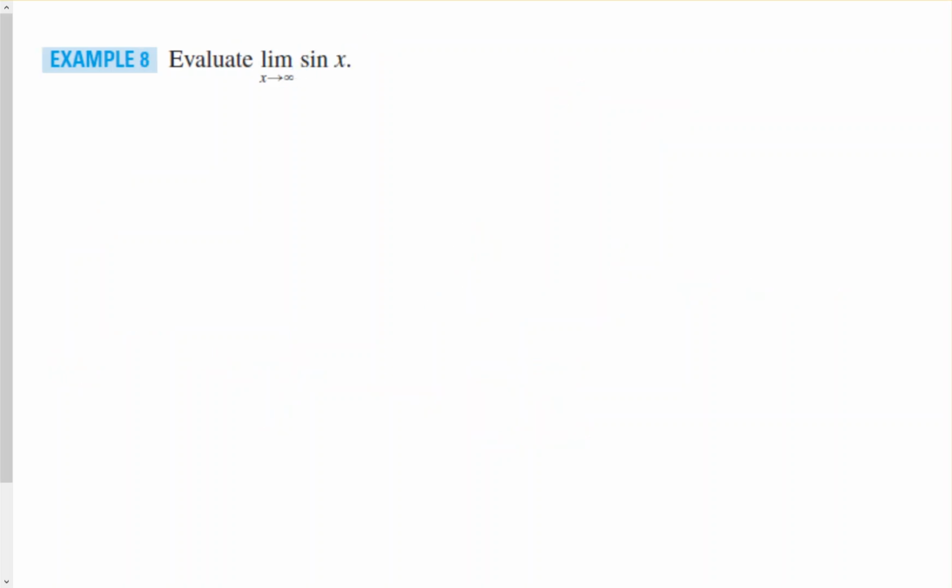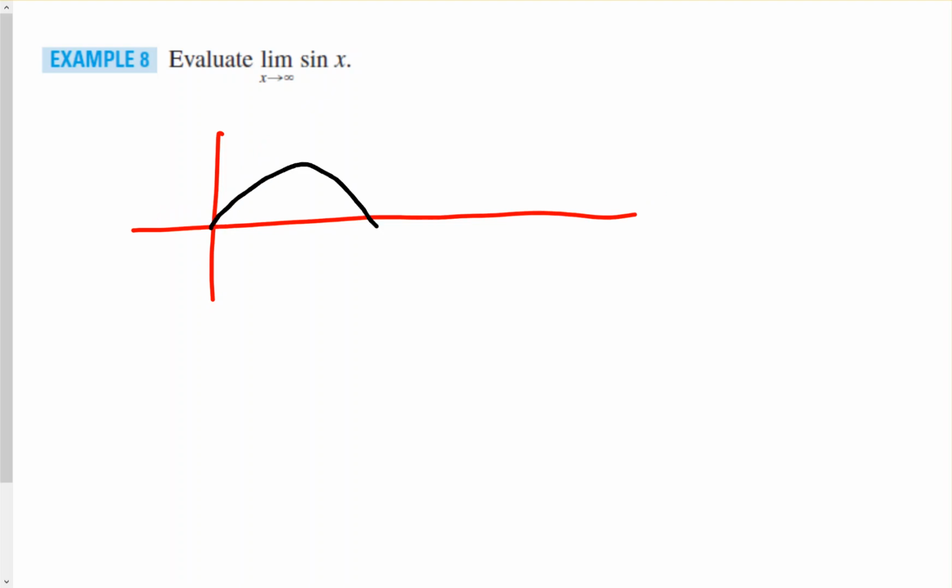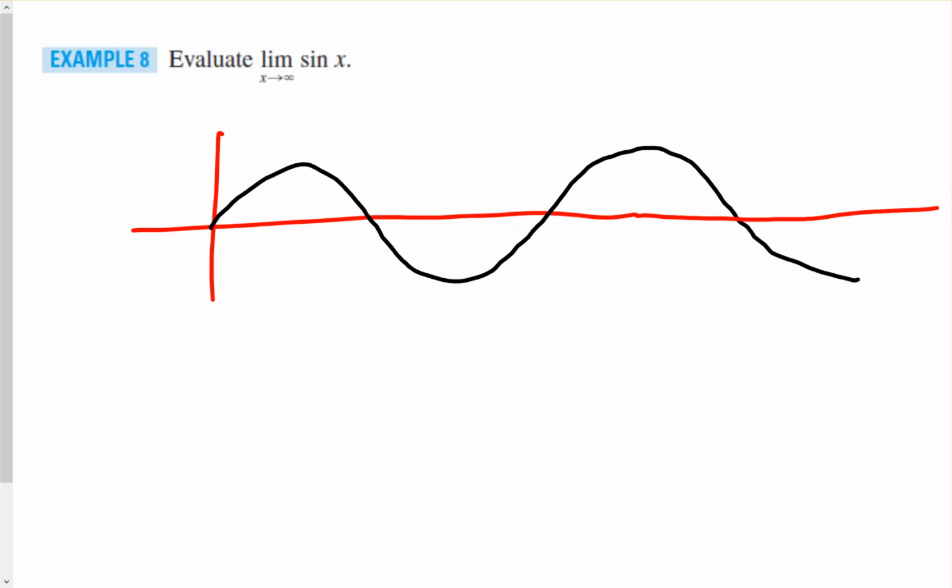The limit as x approaches infinity of sine of x. Okay, so remember the sine curve. Sine of 0 is 0. So this is going to keep going like this forever.